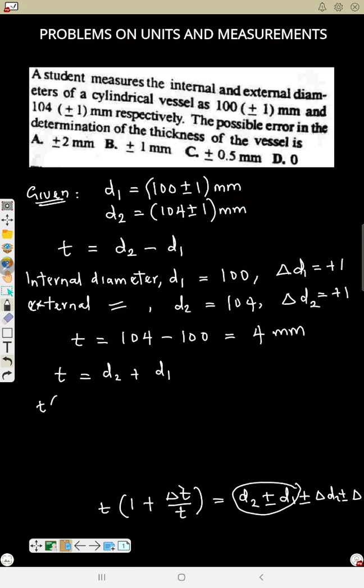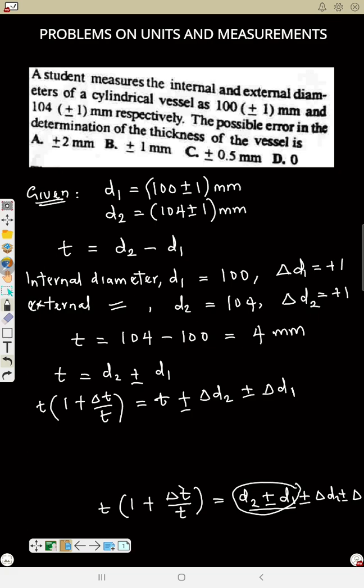Let me write it, t brackets 1 plus, I'm not expanding this again, so I want to show something that t 1 plus delta t over t is equals to, now d2 plus d1 plus or minus d1, if you look at it here is t, so that means this will be t plus delta d2, that is plus or minus delta d2 plus or minus delta d1.